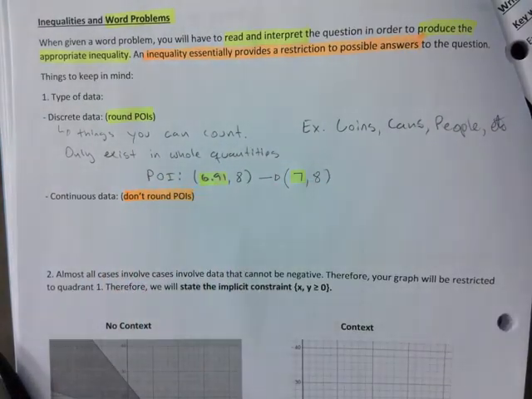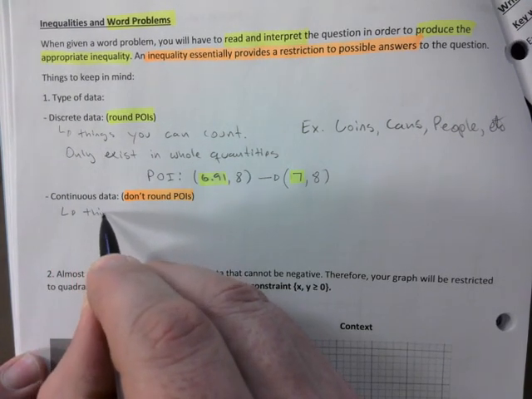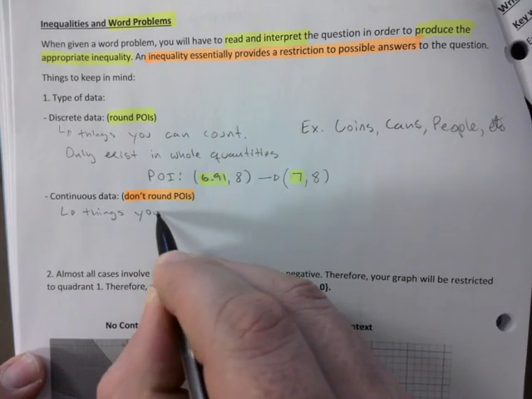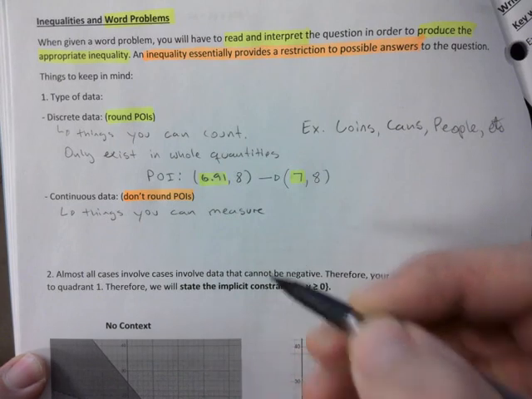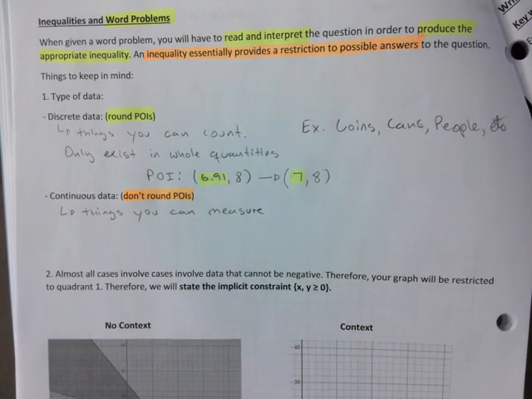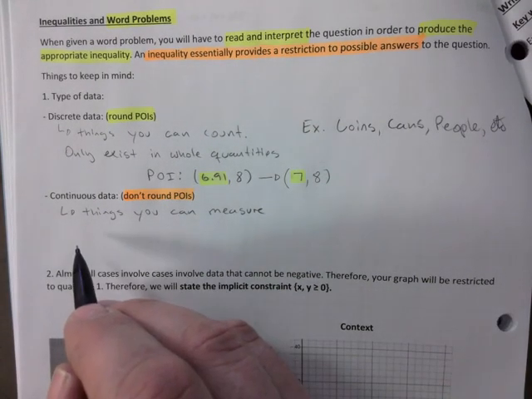When it's continuous, we don't need to round. Anything you can measure is continuous: money, surface area, volume, length, weight, height, and so forth. So don't round.